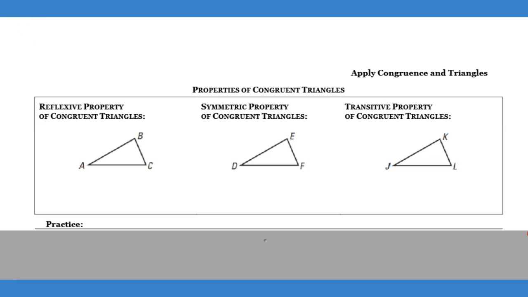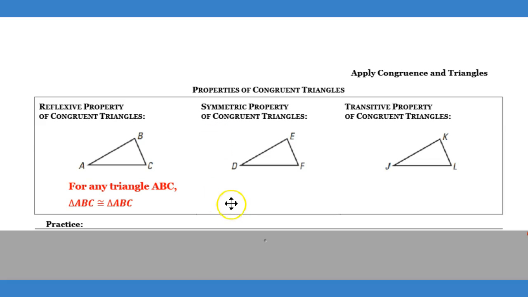All right, so just like with segments and angles, we have properties of congruent triangles. The reflexive property of congruent triangles tells us that for any triangle ABC, triangle ABC is congruent to triangle ABC. Reflexive, like looking in a mirror, it's congruent to itself.